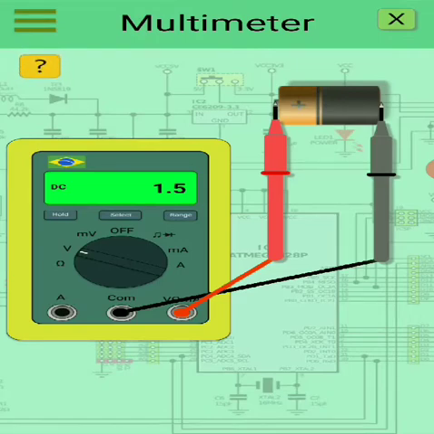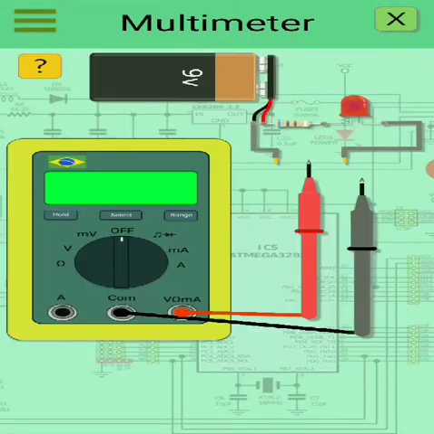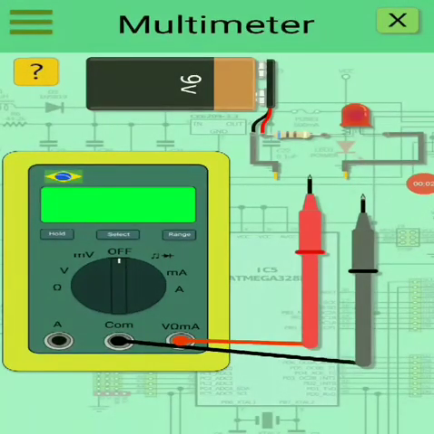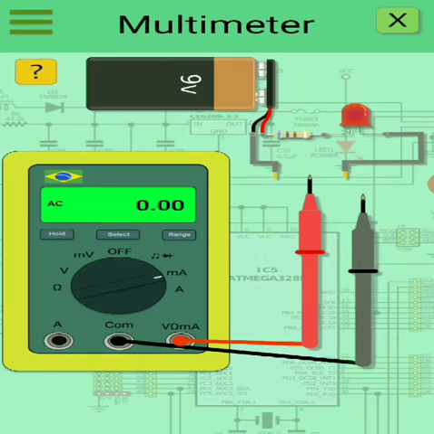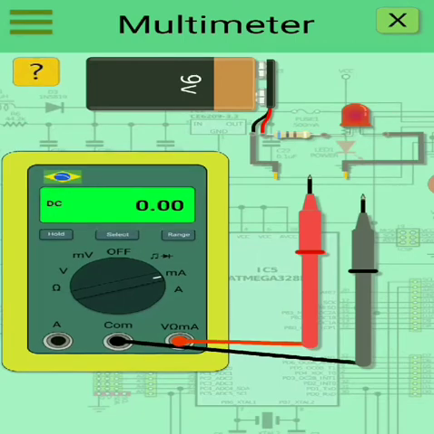Next, we can measure the current of a circuit. This is a battery operated circuit. We need to find how much current is flowing through the LED lamp. First, we need to move the knob to the milliampere point, then select DC.